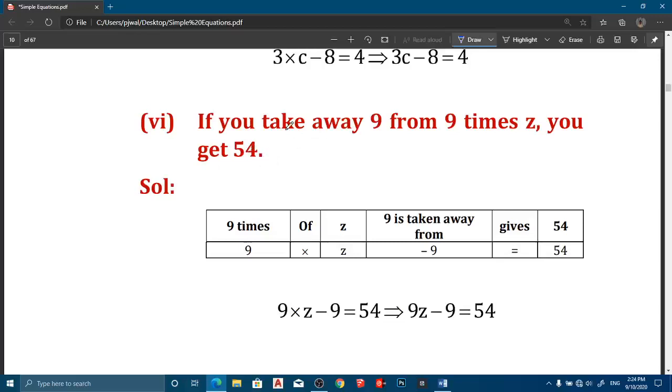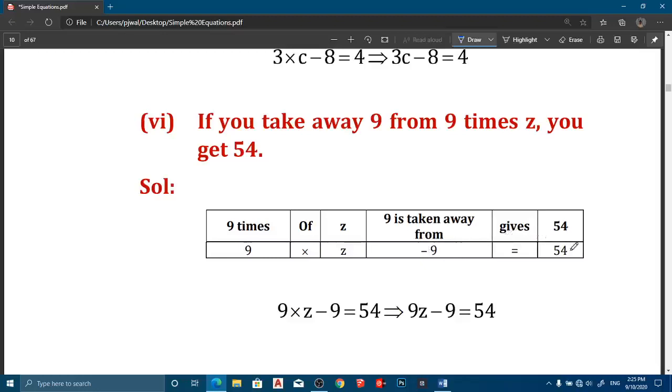Remember, if you take away 9 from 9 times z, you get 54. Taking away means removing, which means subtraction. So how much do you have to subtract? 9. From which? 9 times of z. From 9 times of z, if you subtract 9, you will get 54. First you write 9 times of z, and from this 9 is taken away, so you write minus 9.